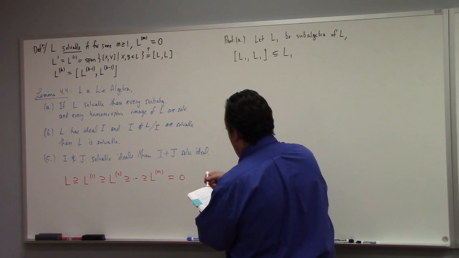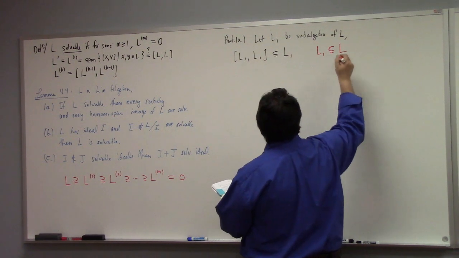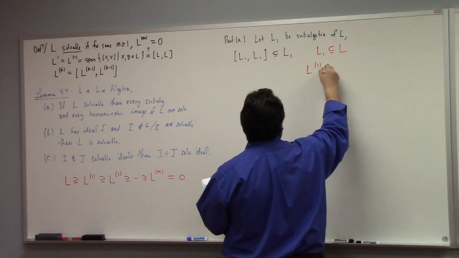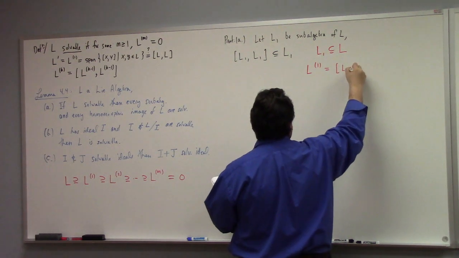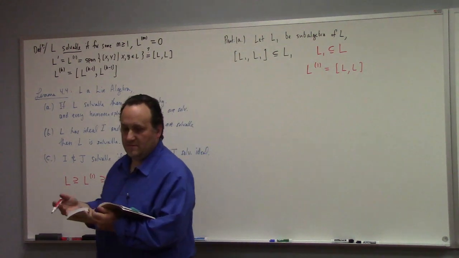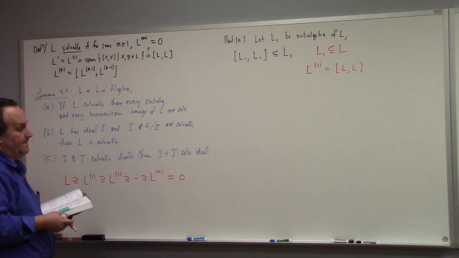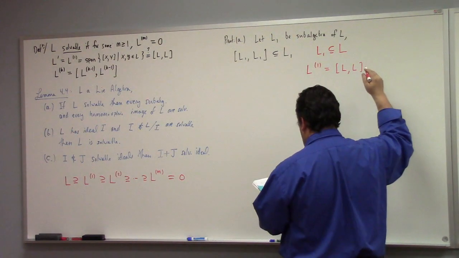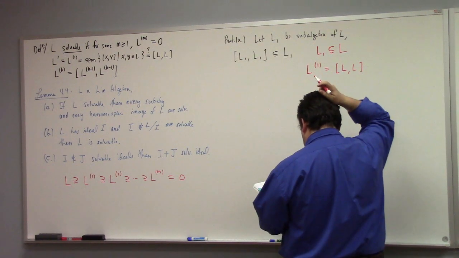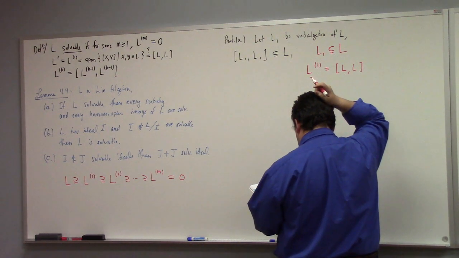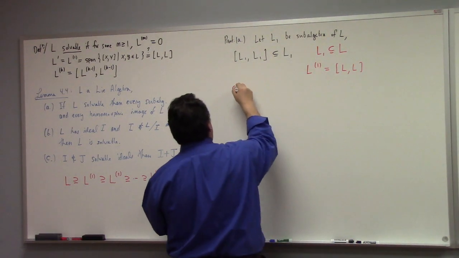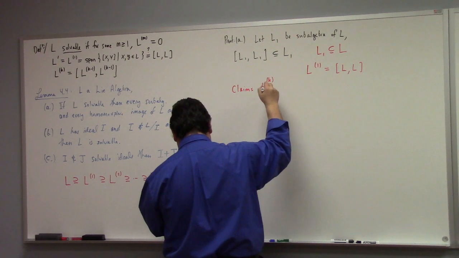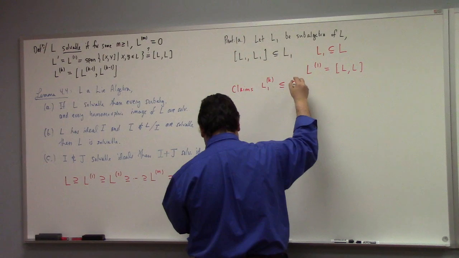Certainly L1 is a subset of L. And we also know that L upper bracket 1 is, let's use this notation whether or not it's standard, the derived subalgebra of L. He claims that the kth derived series of the subalgebra is a subset of the kth derived series of the algebra.